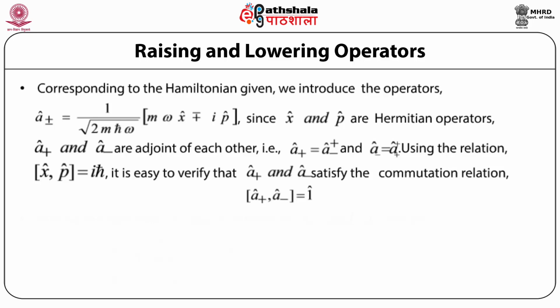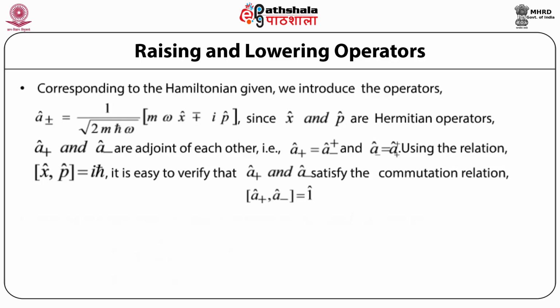So the operators A plus and A minus are basically the raising and the lowering operators. That is, when they act on any eigenvector, they either increase the number by 1 or decrease the number by 1 respectively. Here, since the position operator x and the momentum operator p are Hermitian operators, therefore the raising and the lowering operators, that is A plus and A minus, are adjoint of each other.